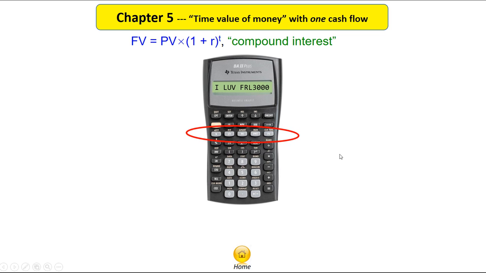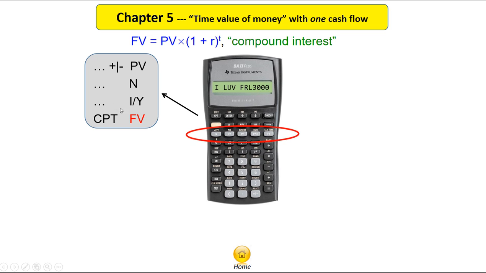And to summarize, we did 4 things in this chapter. First, we learned how to calculate the future value, or FV, for a single cash flow, for a single dollar amount that you, let's say, invest or maybe deposit in a bank account today. That's the present value, the starting point. So you need to enter in your calculator the present value, the dollar amount, with the negative sign, which you take care of by pressing the plus minus button on the bottom of your calculator.